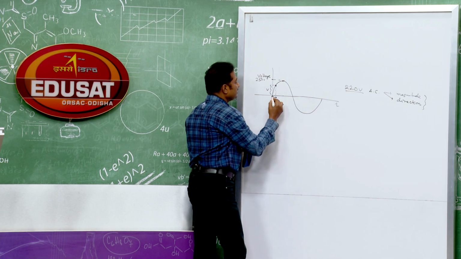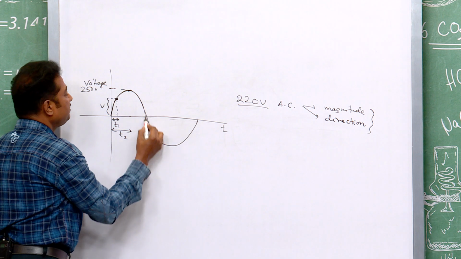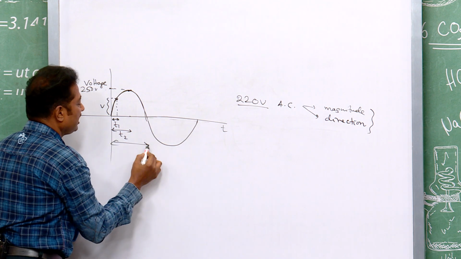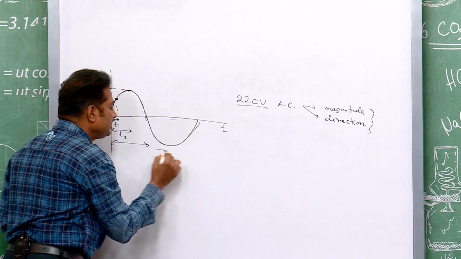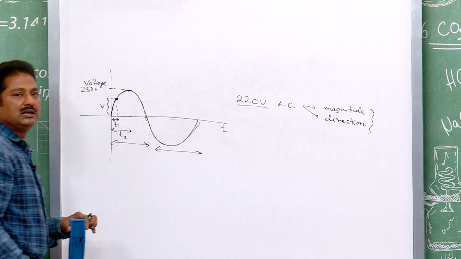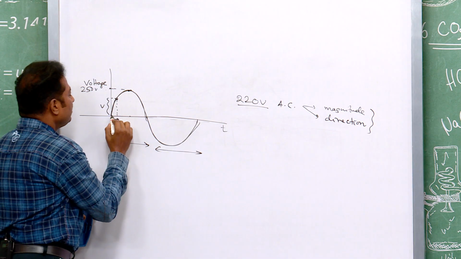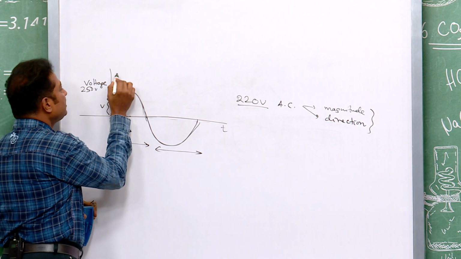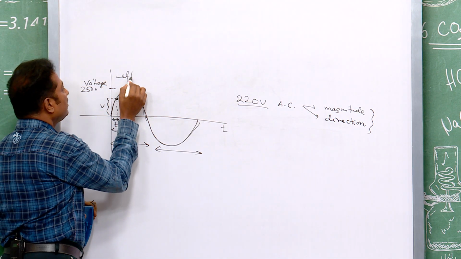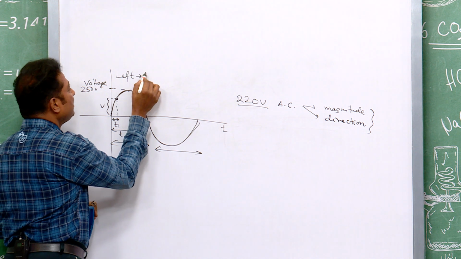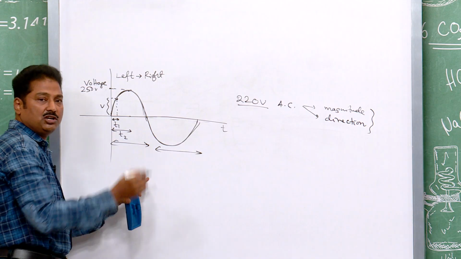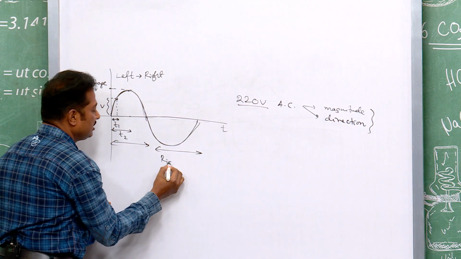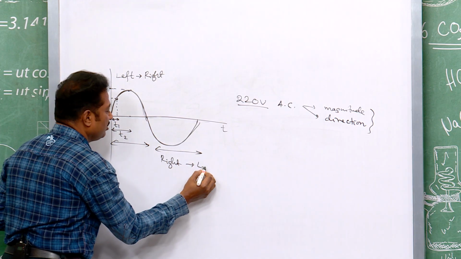It will change for this period, and again it will change for this period, but the difference is that for this period the current is moving from left to right, then for this period it will be opposite, from right to left.